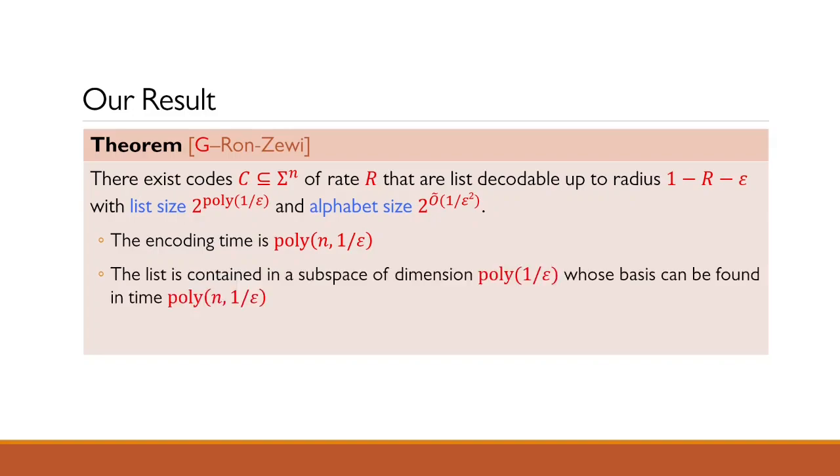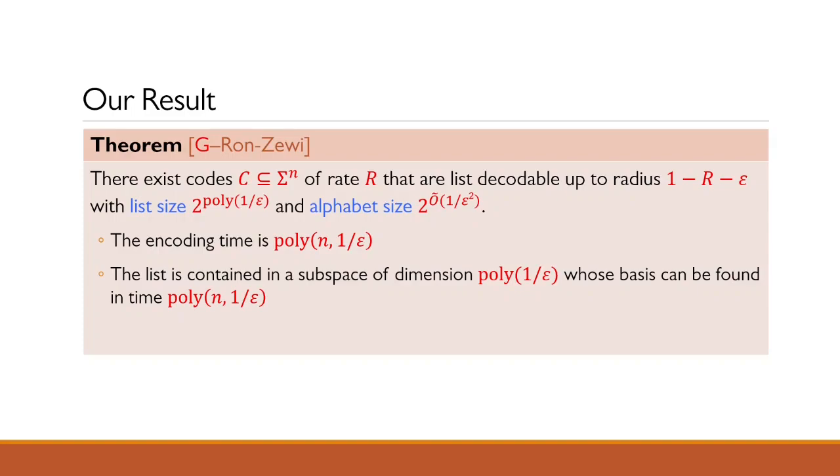And for decoding, we show that the list of candidate messages is always contained in a subspace of the message space, and this subspace has dimension poly(1/epsilon), and the basis of this subspace can be found in time poly(n, 1/epsilon).